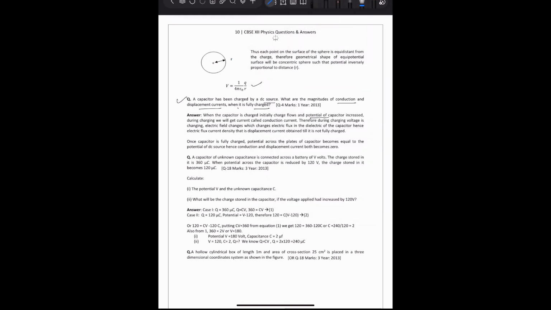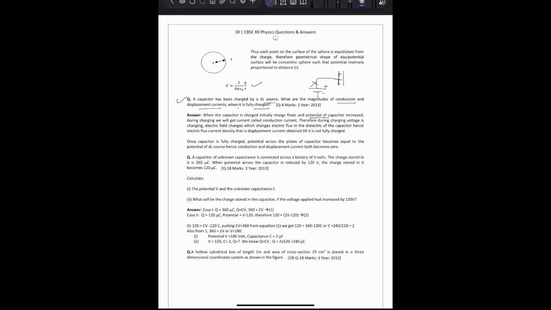So this is a capacitor and I am connecting it with a DC source, positive and negative. What will happen? Charge flows till its potential becomes the same as the potential of the battery. Once the potentials are the same, no longer will charge flow from the source. Flow of charge will stop.